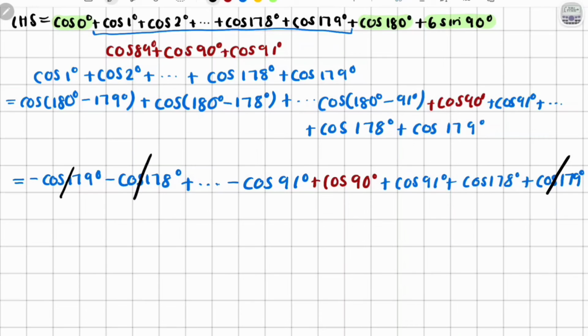The negative cos of 178 will cancel with the positive cos of 178. Then as we keep going, all those other ones will also cancel with all the other ones on that side. And I should have still put 3 dots here, plus dot, dot, dot, and then plus. Then the negative cos of 91 will cancel with the positive cos of 91. And you see that the cos of 90 is the one that didn't cancel. So all of that would be equal to cos of 90 degrees.